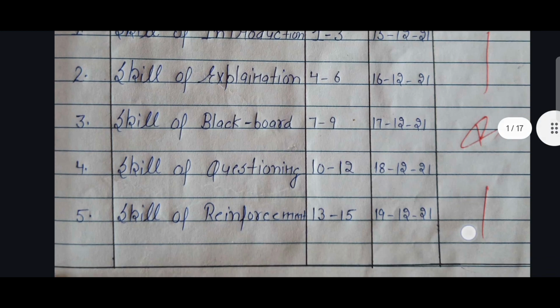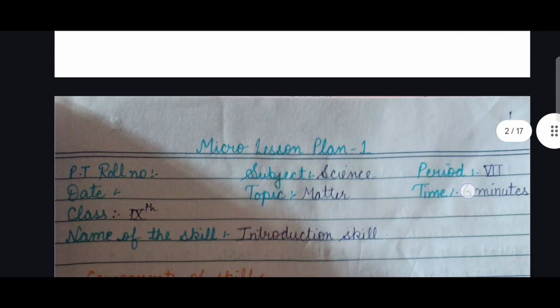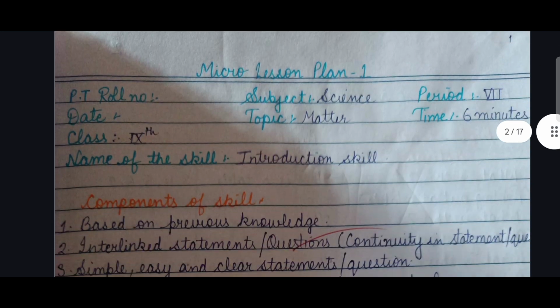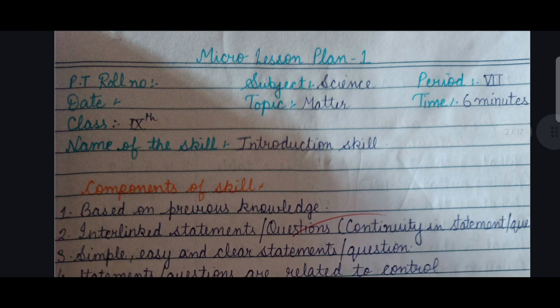Now, the first micro lesson plan. It's for class 9th, and micro lesson plans are always only 5 to 6 minutes long. The name of the skill is introduction skill, and then there are the components of the skill. This means which things are necessary while asking questions or while introducing the chapter or topic to the students.